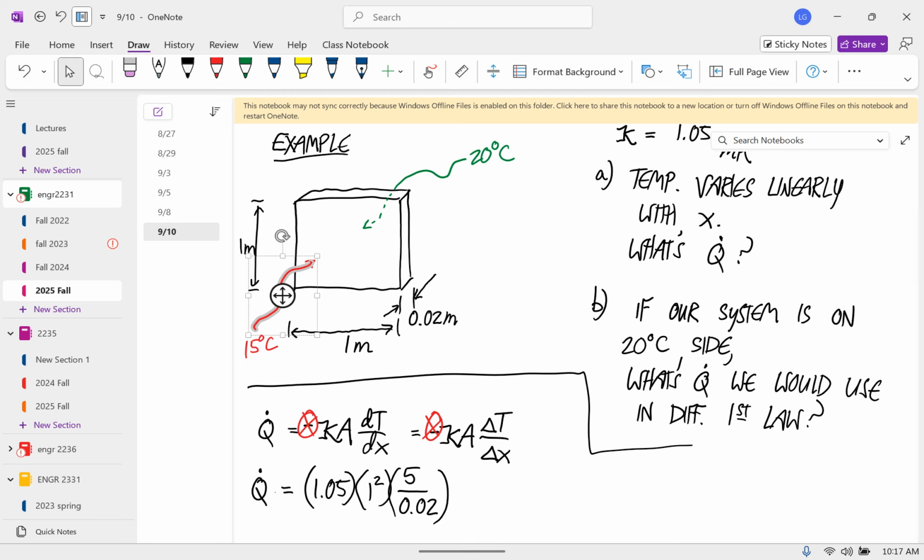This would be 278 Kelvin, and this would be 293 Kelvin. And then you'd subtract them, and you'd get the exact same difference in temperature as you do in Celsius. So if all you're doing is subtracting two temperatures, you can leave it in Celsius or put it in Kelvin or whatever.